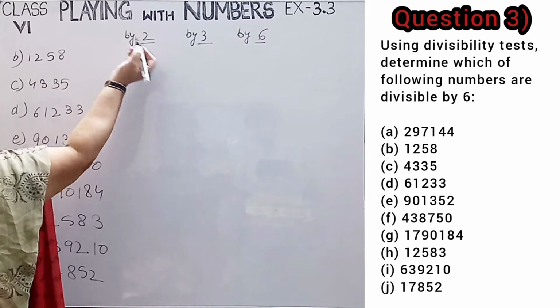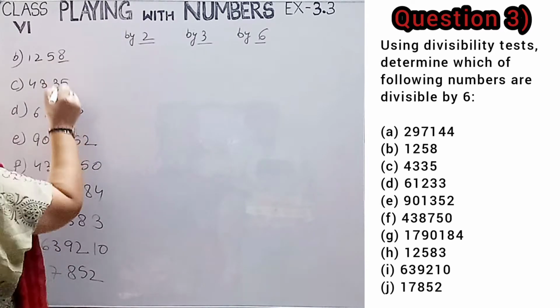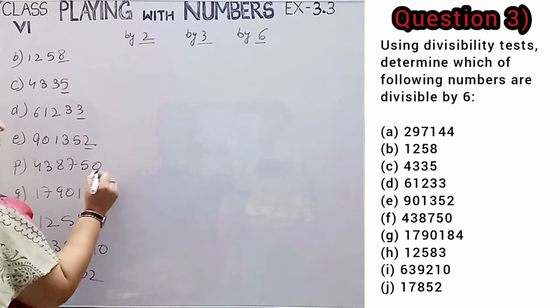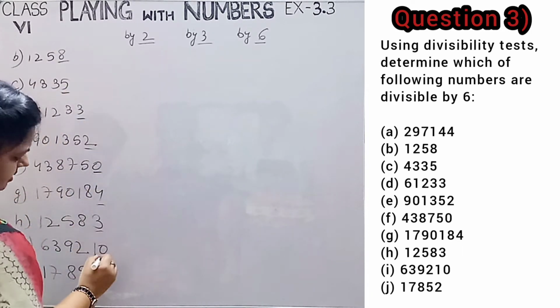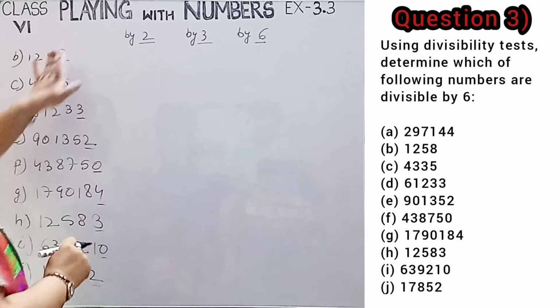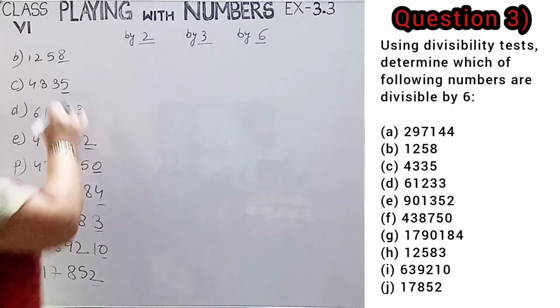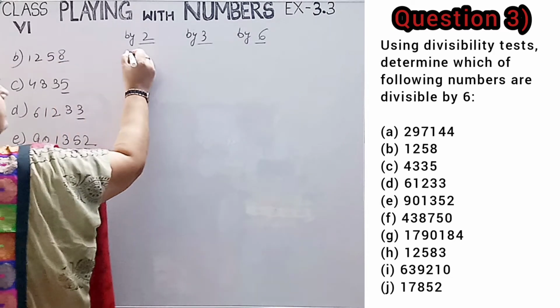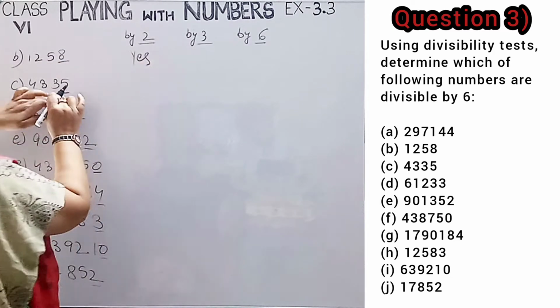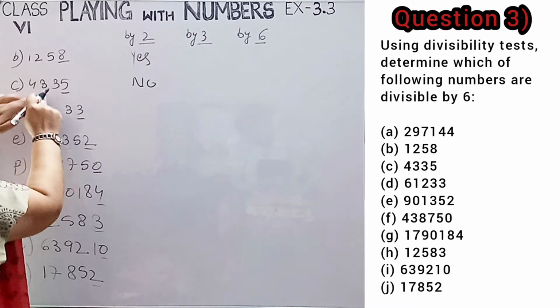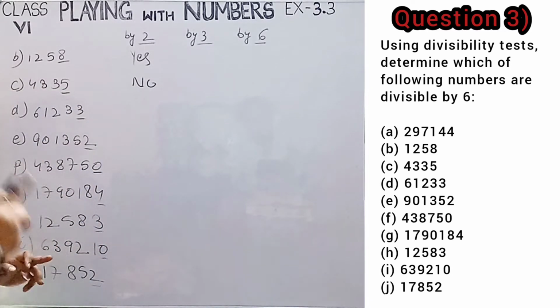In 2 we have to check its last digit, which is 8. 5320, 43, 3002. If this is an even number, then yes, this is divisible by 2. So this is an even number, yes. Odd number, no. It means 4335 is not divisible by 2.